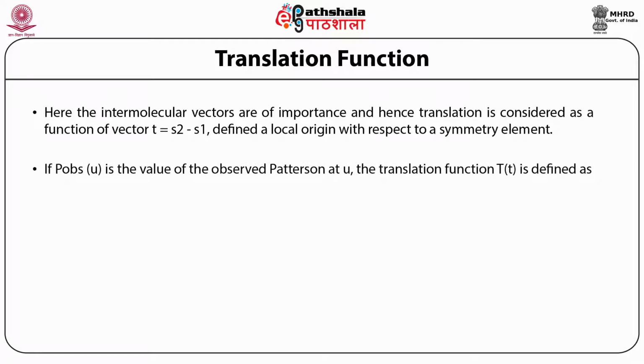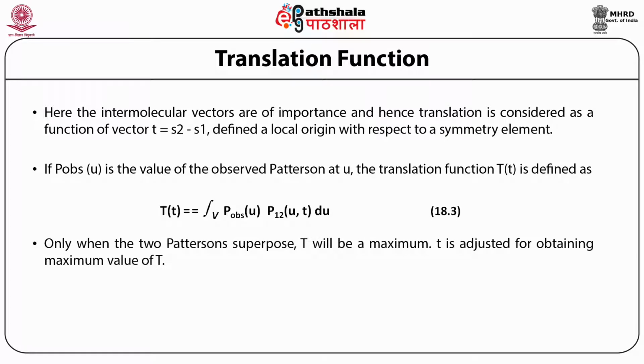If P observed of U is the value of the observed Patterson at U, the translation function capital T of small t is defined as T of t equals integral over V P observed of U times P12 of U comma t times du. Now, only when the two Pattersons superpose, the T will be maximum as given in 18.3, and little t is adjusted for obtaining the maximum value of capital T.